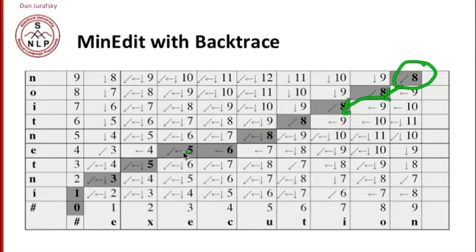And so we can trace back this alignment and get an alignment that tells us that this N matches this N, and this O matches this O, and so on. But maybe here we have an insertion rather than a clean lining up.